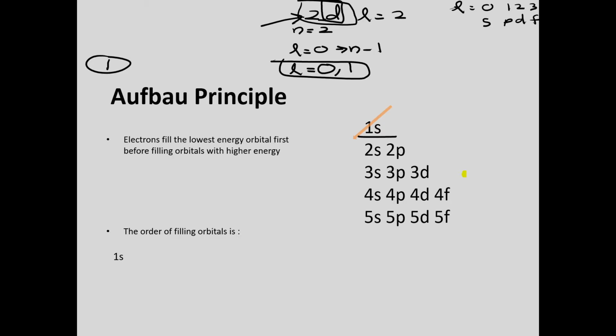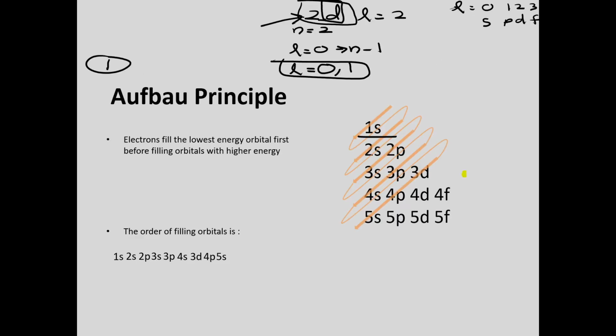To know which orbital has lower energy, we start with an arrow from the left. So 1s is the lowest. Then the next orbital, we go back up and down to 2s. Then the next orbitals are 2p and 3s. Then we go back up for 3p and 4s. Then 3d, 4p, 5s, and so on and so forth.